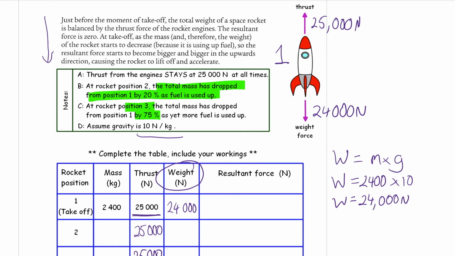That's taken from here, look in the table. The resultant force there, 25 take away 24 is 1. So the resultant force is 1,000 newtons vertically upwards. And you put the answer in there.